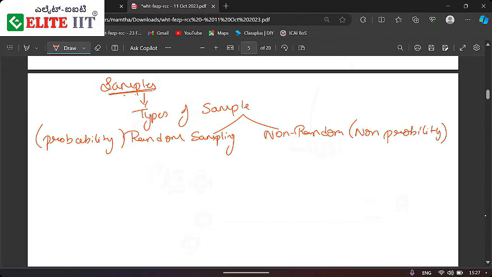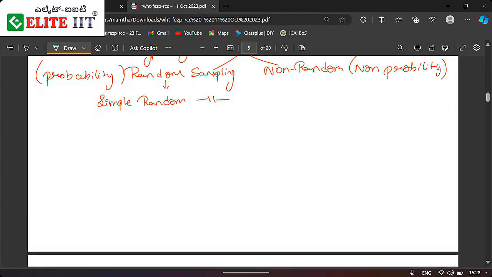Probability and non-probability sampling. First and foremost, let's have a look into the types of random sampling. The first type we have is simple random sampling, then systematic sampling.